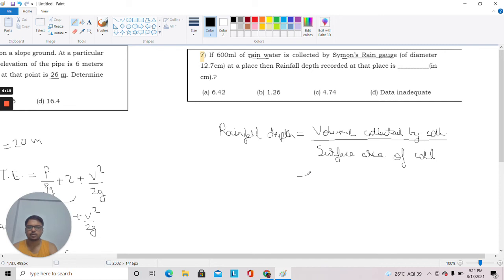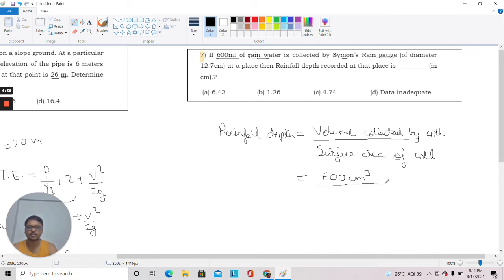Okay, so let's see what's the volume, that is 600 ml. If we write in centimeters, let's convert 600 ml in centimeter cube, that is 600 centimeter cube, because 1 ml is 1 centimeter cube.